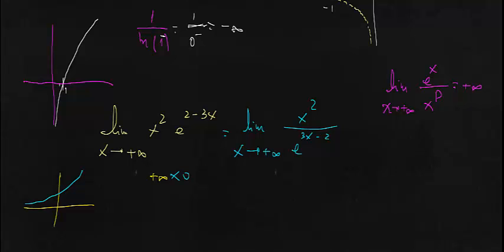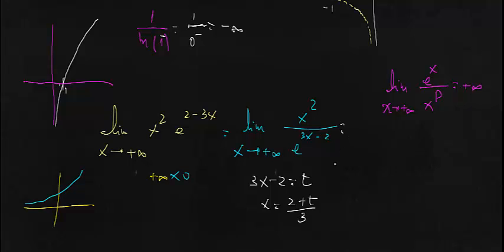So I'm going to make a change of variable. Let us say 3x minus 2 equals t. And when x approaches plus infinity, t also approaches plus infinity. I think it is very easy to understand. So the value of x will be (2 plus t) over 3.